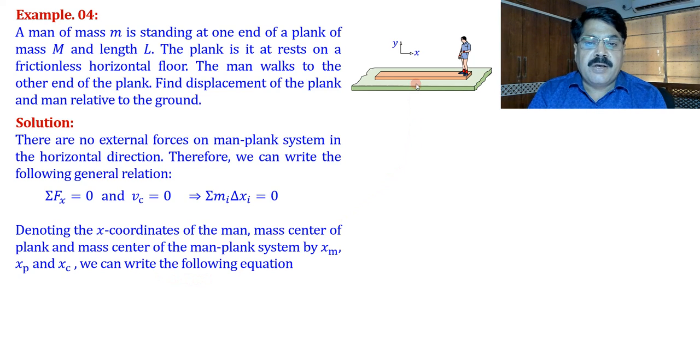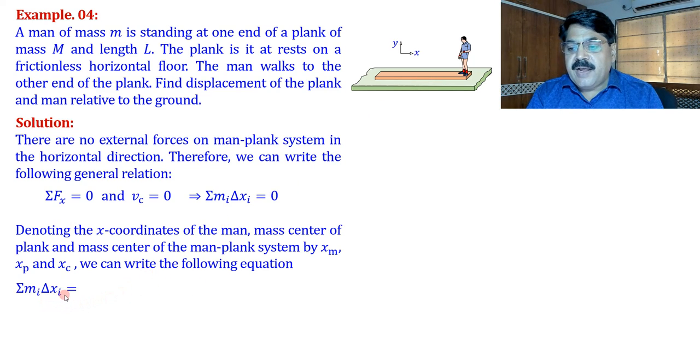Actually, we can locate the mass center of the plank here. So the displacement of the plank will be equal to the displacement of the mass center of the plank, which we denote by xp. So what can you write here? Summation mi delta xi equal to 0. What does it show? m delta xm plus capital M delta xp equal to 0.